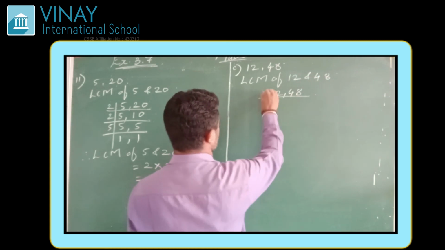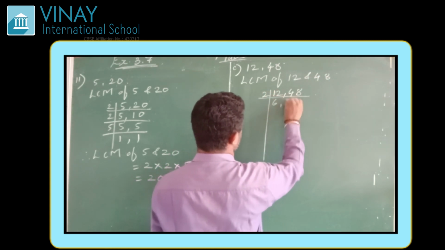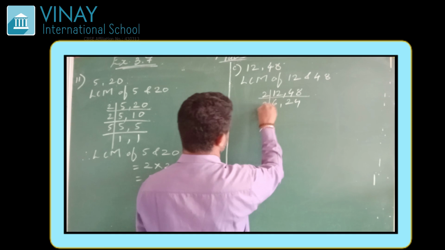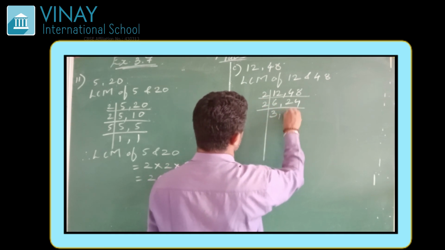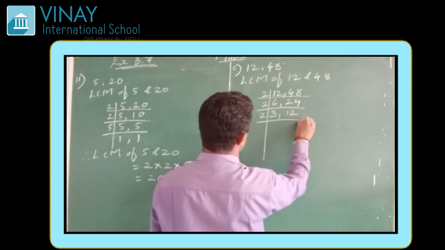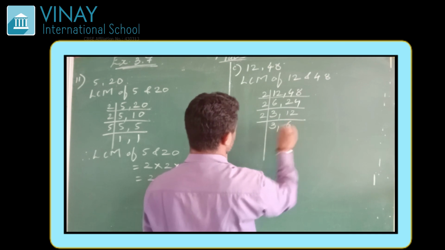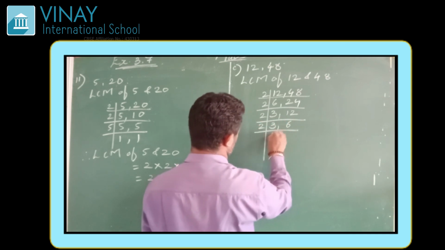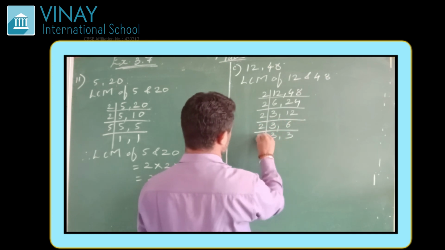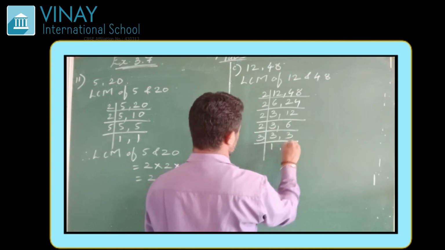12 and 48, both are divisible by 2, giving 6 and 24. Again both are divisible by 2, giving 3 and 12. Again both are divisible by 3, giving 1 and 4, then 1 and 1.